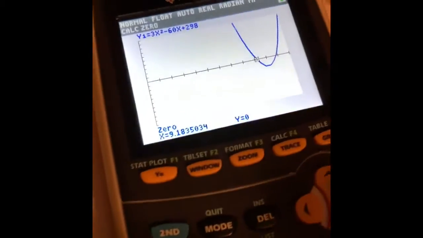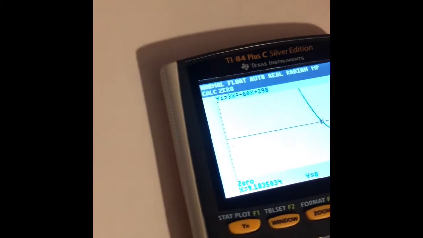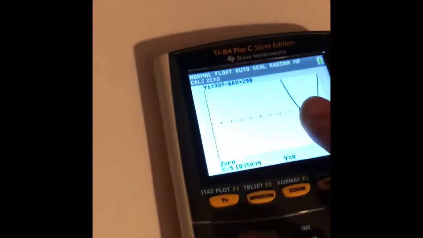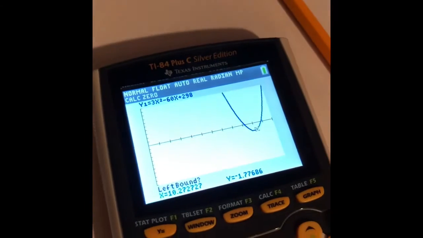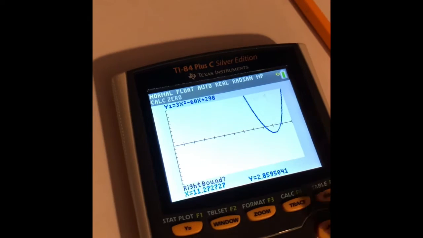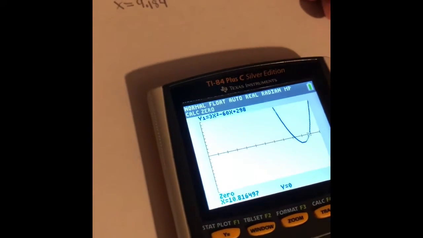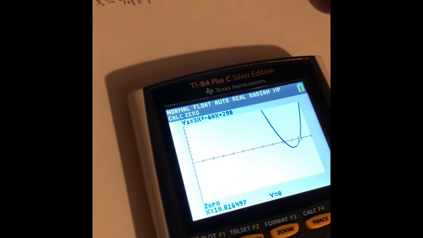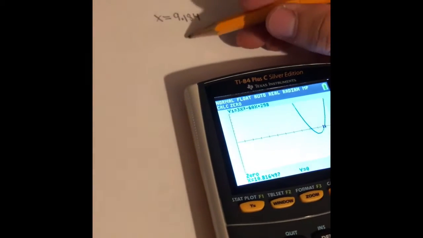Okay, so our first zero, we get x equals 9.184. Then our second zero on the graph is second calc, 2. So as you can see, 10.816. And so these are where the derivative is equal to 0.